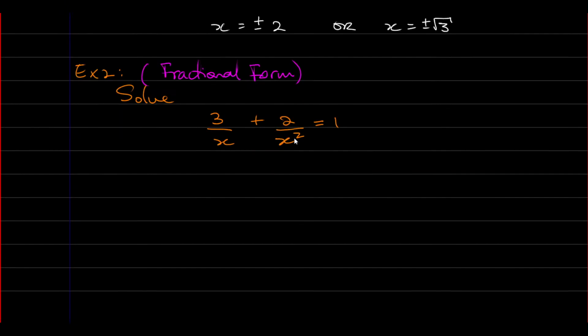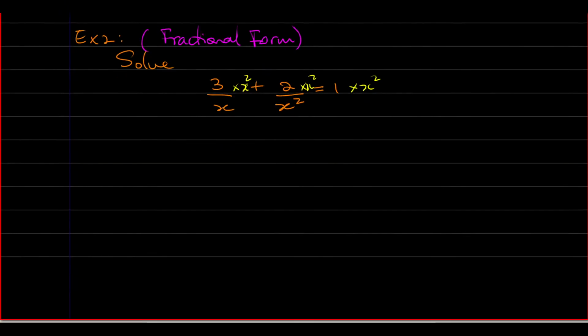You take the highest order at the bottom, which is this x squared here, and you multiply everything by it. So if I take this and I multiply by x squared, and I take this and multiply by x squared, and I take this and I multiply by x squared, I should be able to get rid of everything at the bottom. Right? So let me just write the solution.